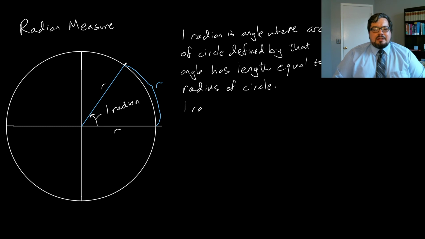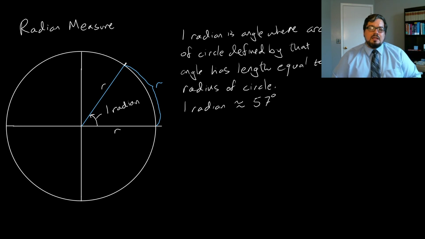Now, 1 radian is very approximately equal to 57 degrees. In fact, 1 radian is not actually equal to any rational number of degrees at all. But we're going to get a conversion between radians and degrees very soon. 1 radian is approximately 57 degrees.